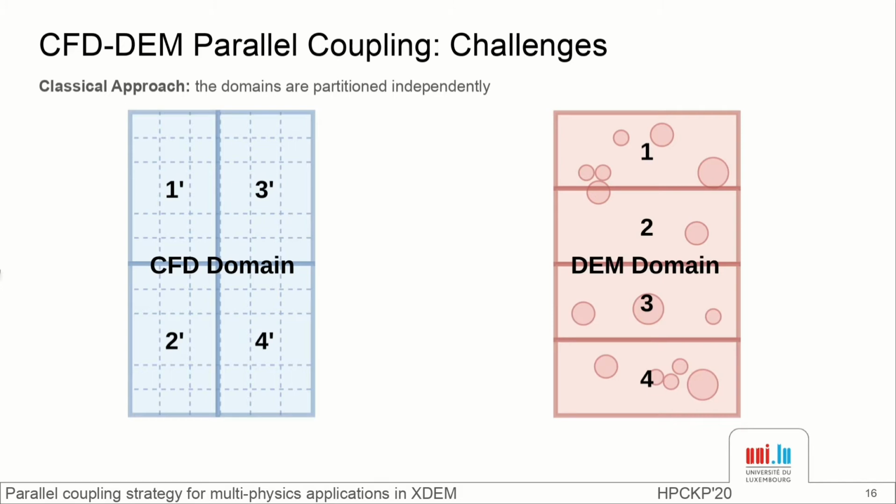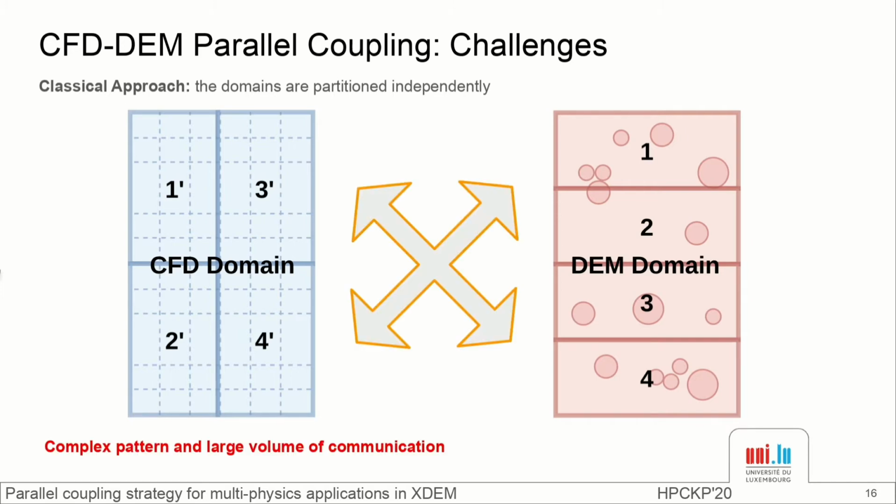So the CFD domain will be partitioned in one way, and the DEM domain will be partitioned in another way. Now, if you want to do all the data exchange necessary for this coupling, you will have a very complex pattern. Also, it will be an unpredictable pattern, because you don't make any assumption while partitioning one domain or the other.